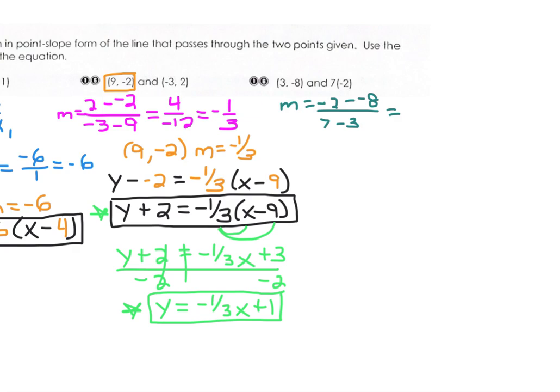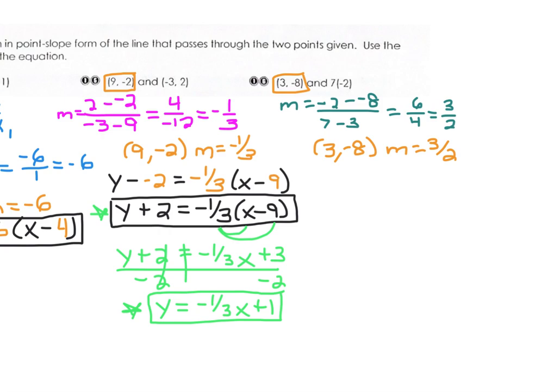So that would be negative 2 plus 8. So that becomes 6 over 7 minus 3 is 4. So that would reduce to 3 over 2. Again, using that first ordered pair. So that's going to give us 3, -8, and a slope of 3/2.